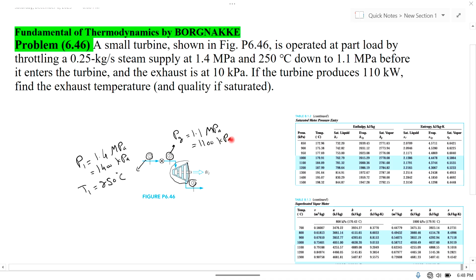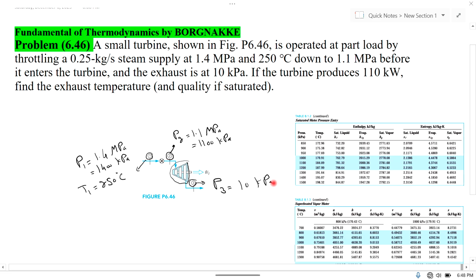And the exhaust, the exit after the turbine, is state 3. At state number 3, pressure P3 is equal to 10 kilopascal.